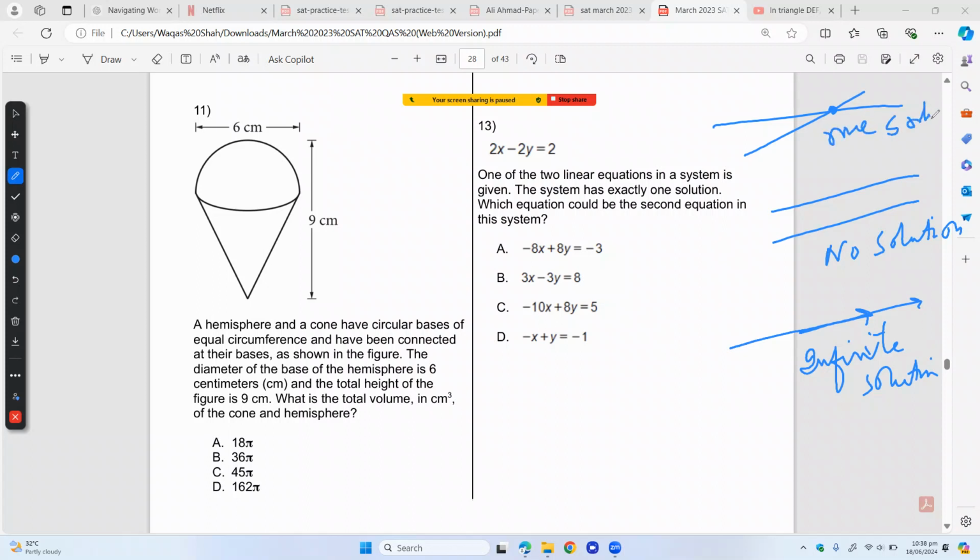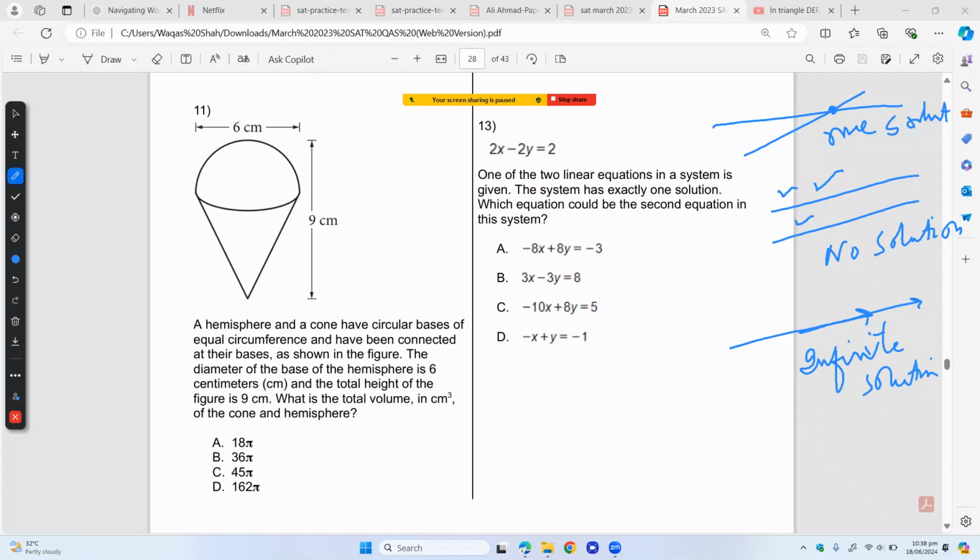Since they say that the system has one solution, it means that the two lines intersect at one point only. So we have to avoid these kinds of situations. There is no solution when the two given lines have equal slope. Parallel lines have equal slope, that's why they are not intersecting each other.